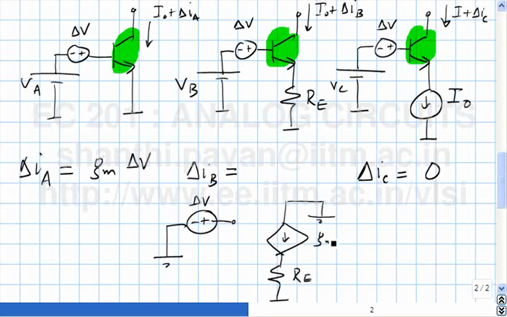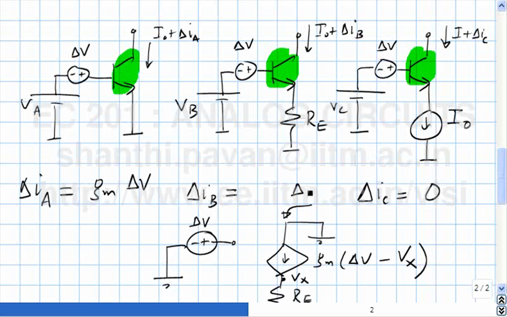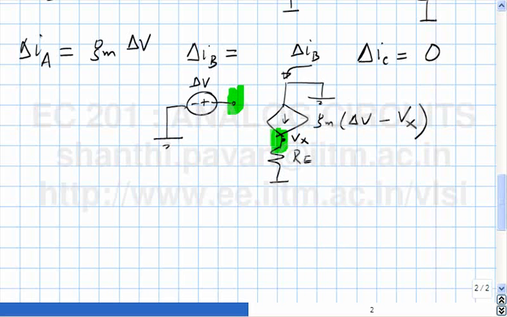This is GM times delta V minus, let me call that Vx, minus Vx. And which is delta I, the collector current, the change in the collector current, which is delta IB, is delta I. The reason why there is no resistor in this particular example is because I have assumed beta to be infinite.